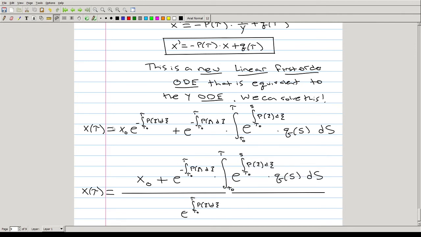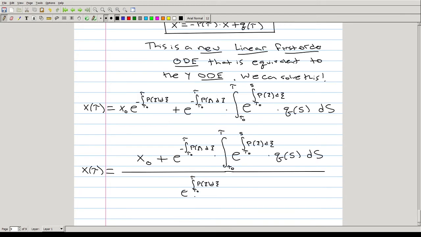But this is really quite incredible that we were able to do this. And now that we have this nice solution for x, which is a general solution to this variable coefficient first order ODE from the variation of constants formula, we can actually go through and directly get our solution for y. Because we know that x is 1 over y.